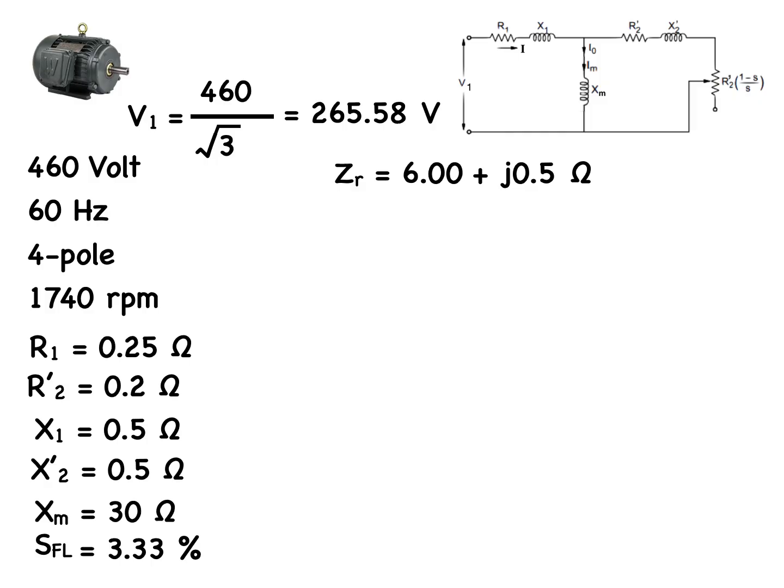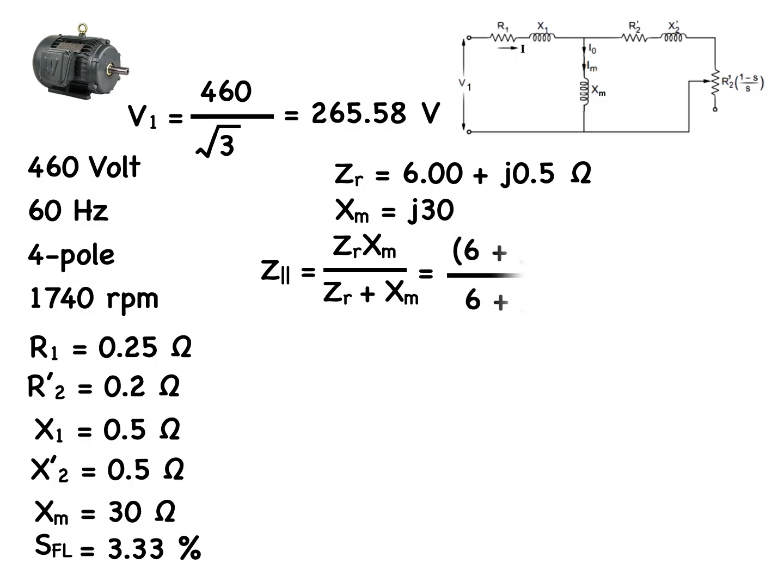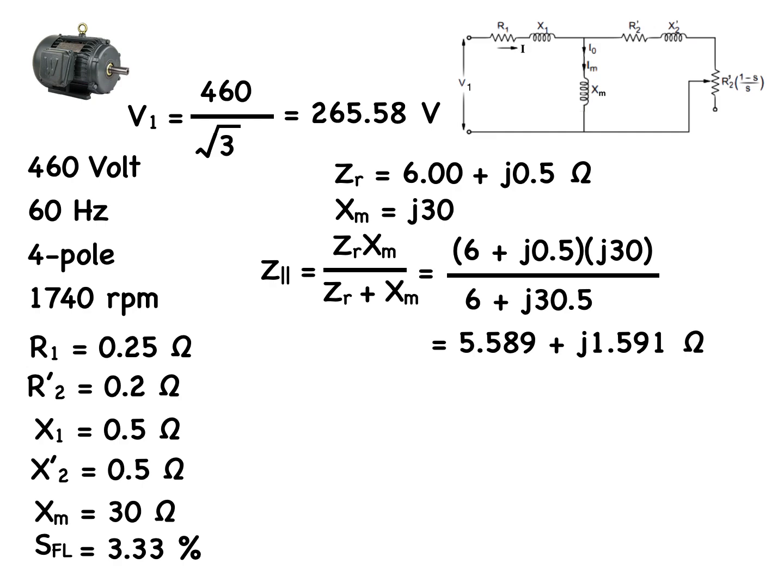In order to find the full load current, we're going to have to parallel the total rotor impedance with the magnetizing reactance Xm. That parallel combination, Z parallel, is equal to ZR times Xm all over ZR plus Xm, which ultimately works out to 5.589 plus j1.591 ohms.